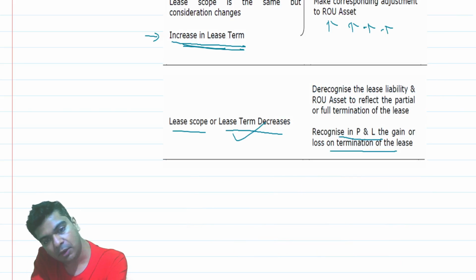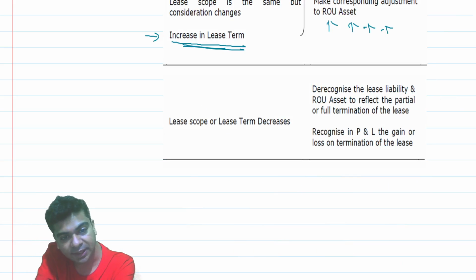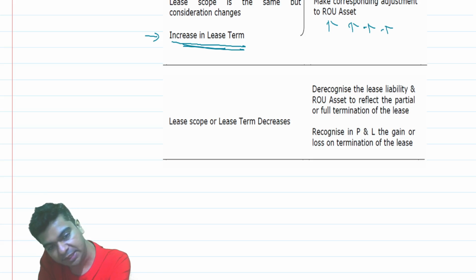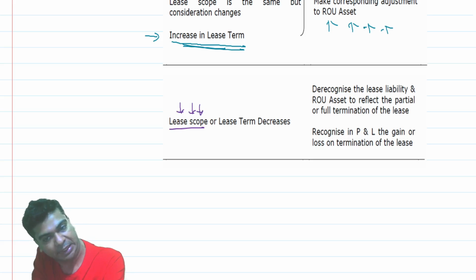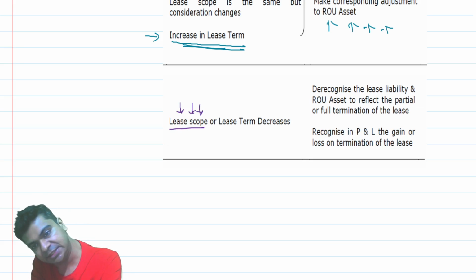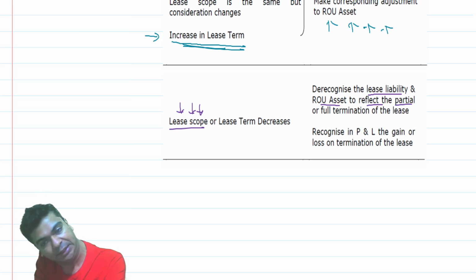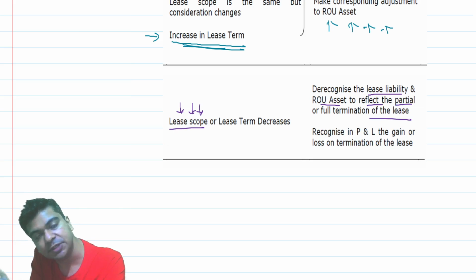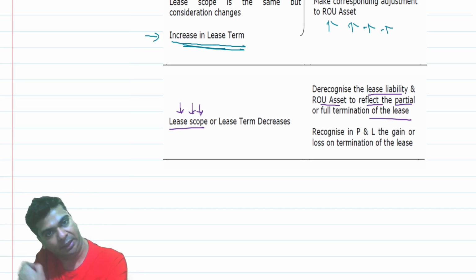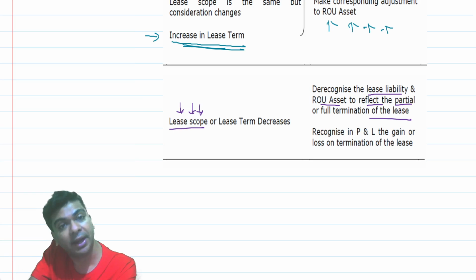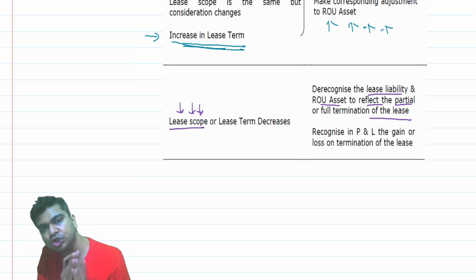Yes, we are checking now this gain or loss, how that is to be done. The lease scope is decreasing this time. So this is what is happening. They are saying de-recognize the lease liability and ROU asset to reflect the partial termination of the lease. The lease is not getting completely terminated, but it is getting terminated for a certain portion.